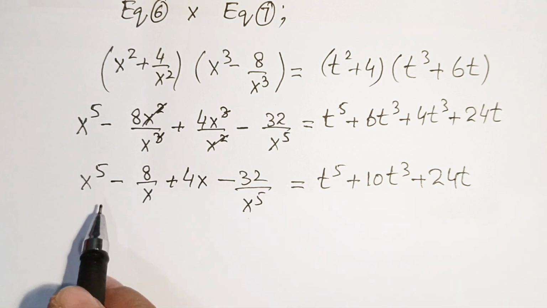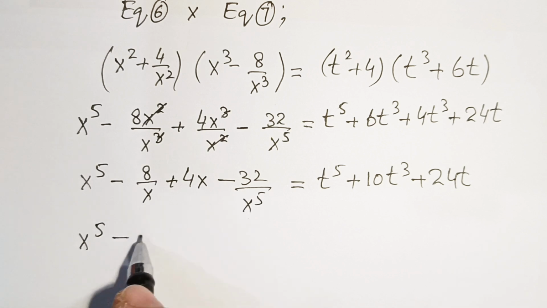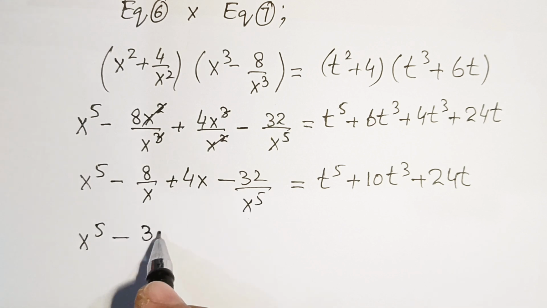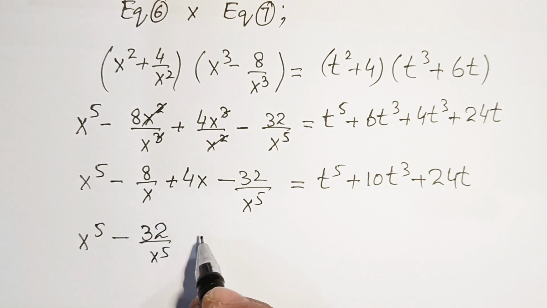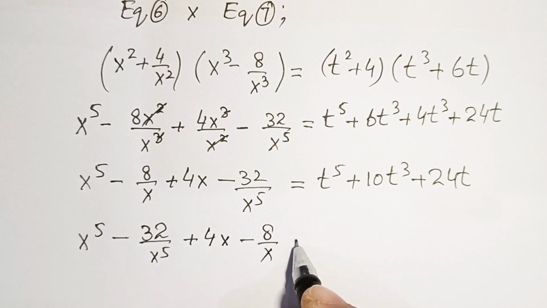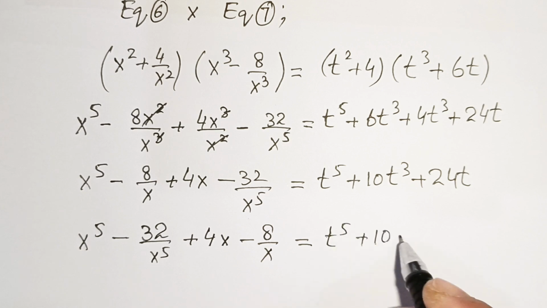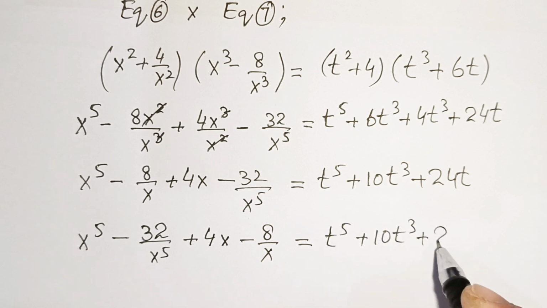Now if we write this x to the power 5 with this one, that is minus 32 divided by x to the power 5, and here we have plus 4x minus 8 over x, which is equal to t to the power 5 plus 10t cubed plus 24t.